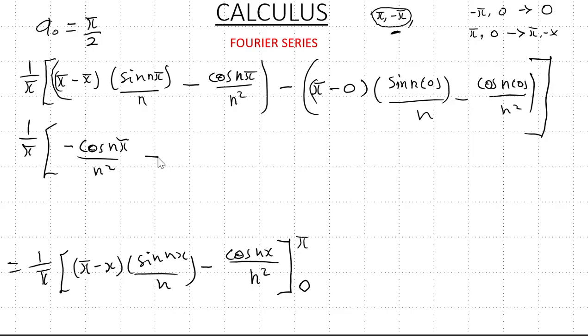Then we have our minus. Now looking at this one too, pi minus 0, that one is pi, multiplying sine n times 0. So n times 0 is actually 0. So it's going to be sine 0, and sine 0 is 0, divided by n. So 0 divided by n is 0. So the whole of this part is 0.